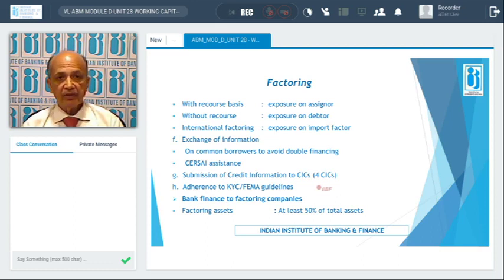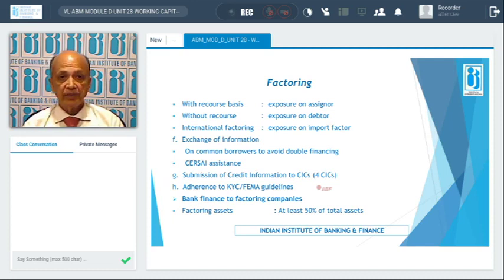And factoring can be of different types, as I told you. Then the bank can also consider financing factoring companies. The NBFC factors that have been identified, NBFCs can also do factoring, so those NBFC factors can be financed by the bank.